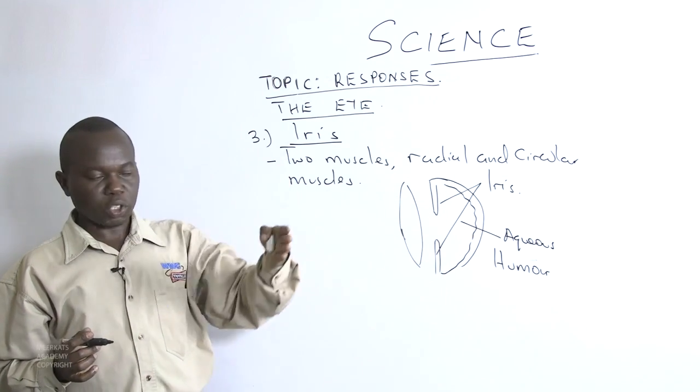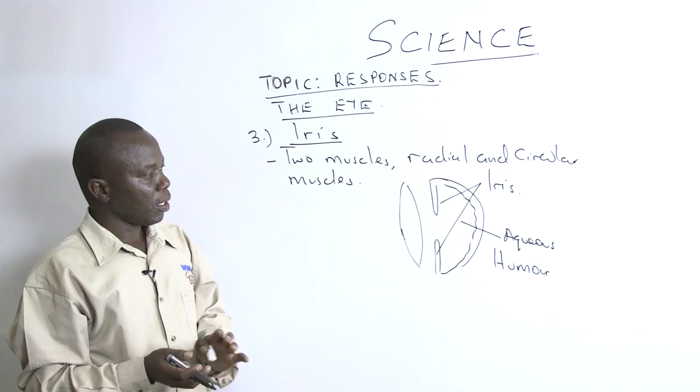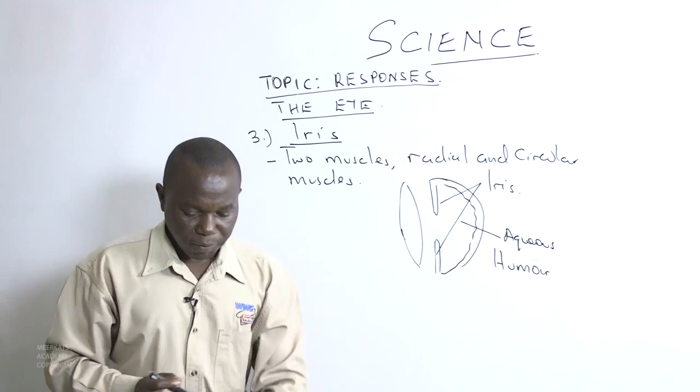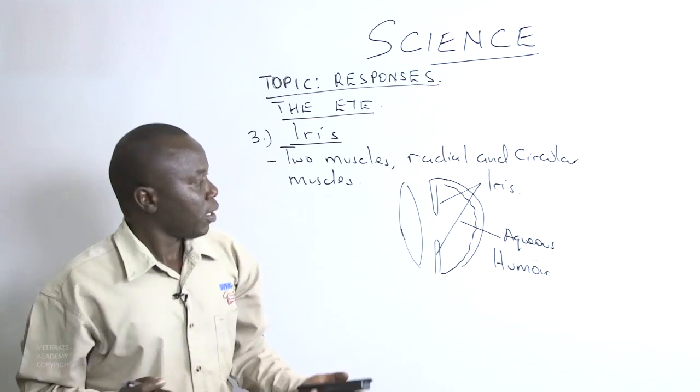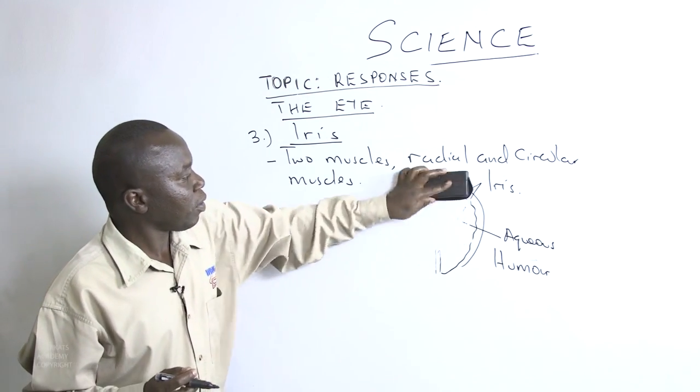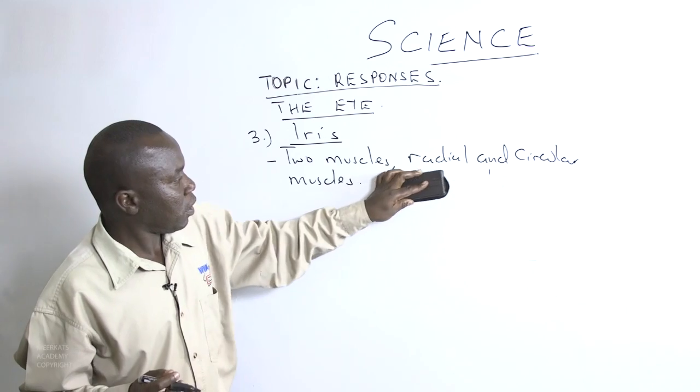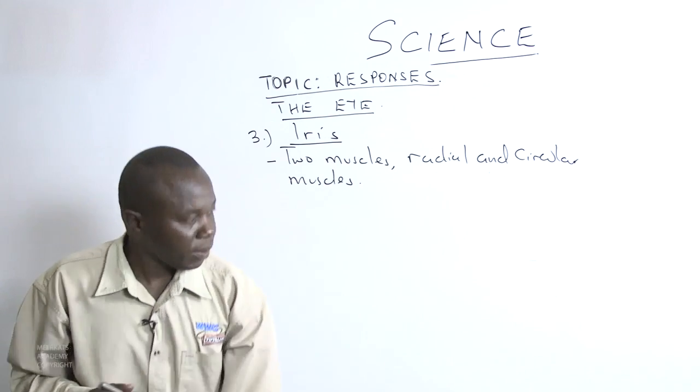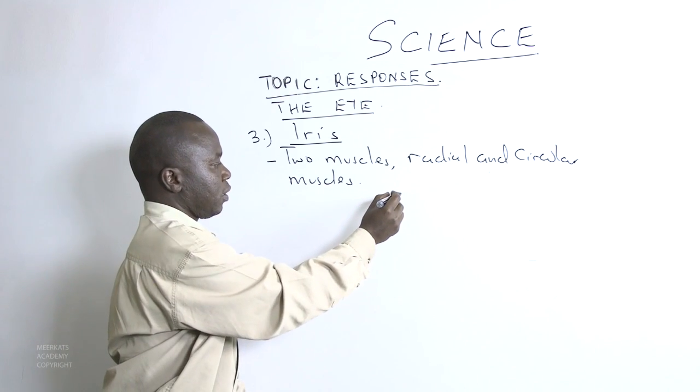This is a cross section or a longitudinal section, but if we do a cross section of the eyeball, this is how the iris appears.